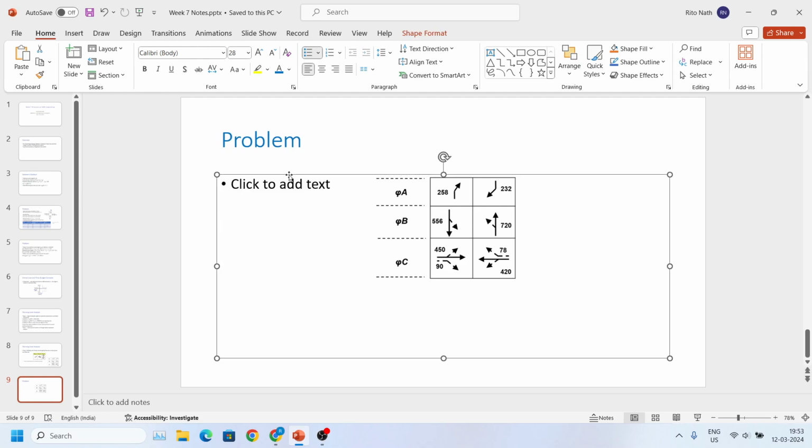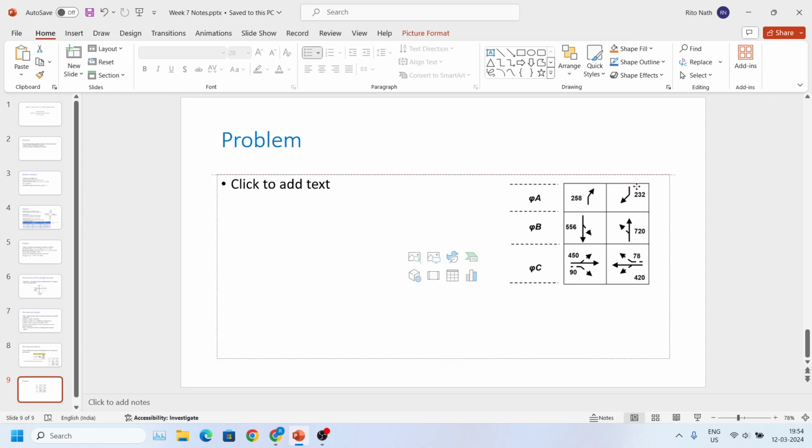So here the data is again planning level analysis from highway capacity manual, and this figure is showing this ring diagram for a three-phase signalized intersection. As you can see, there are three phases A, B, and C, and all equivalent hourly volumes are given in vehicles per hour.